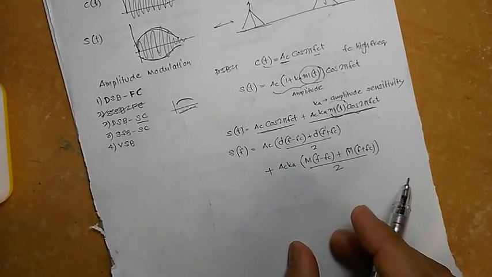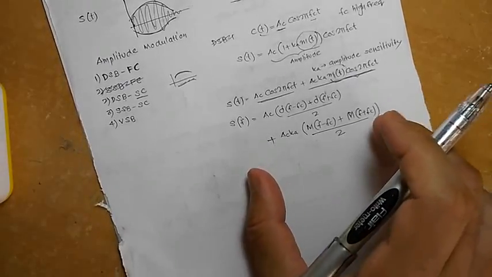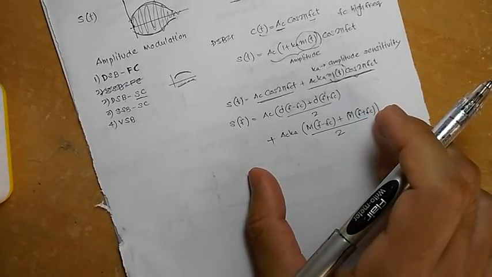So this is the Fourier transform of the amplitude modulated signal.